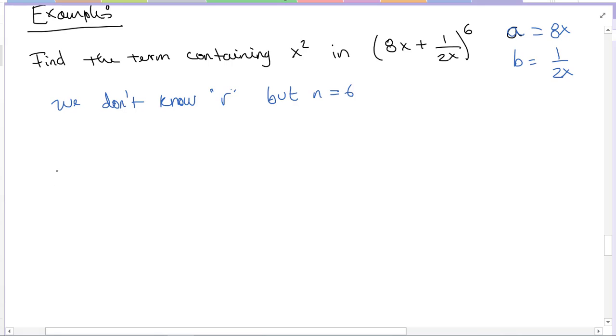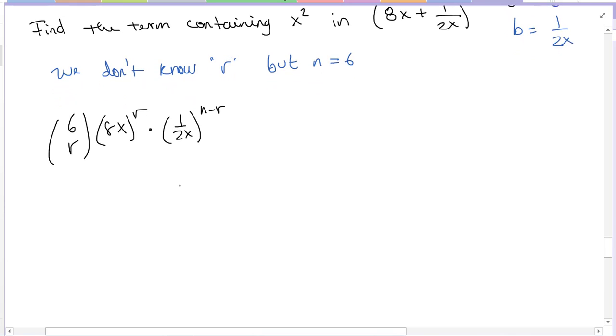So we're going to start with the term 6 choose r. So that's our coefficient. We don't know r, so that means it's going to be 8x to the r times b. B is 1 over 2x to the n minus r. And so we're trying to figure out how we're going to get x squared out of here.